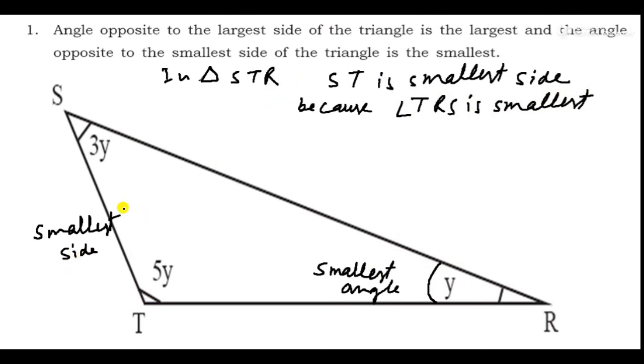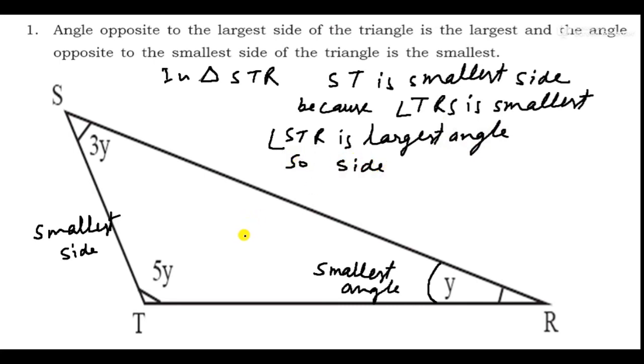Now the largest is the 5y angle. So angle 5y is the largest angle. So you can write here the angle of STR is the largest angle. So the side in front of this angle, that is SR, is the largest side.